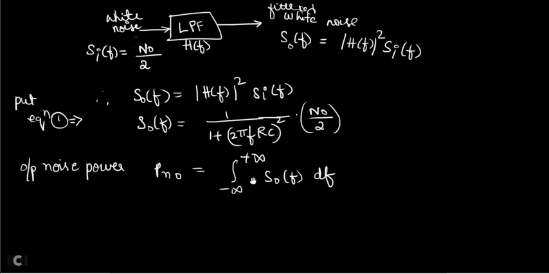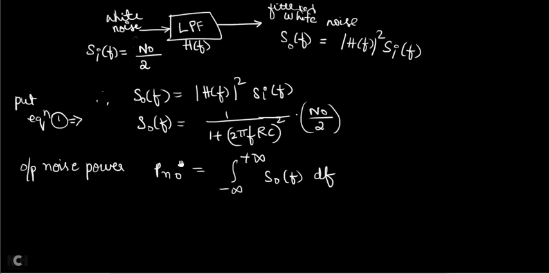Noise power is calculated as the area under the power spectral density. So for output noise power, the output power spectral density is S0 of f. Area under the curve means integration only. So you have to integrate from minus to plus infinity S0 of f df.